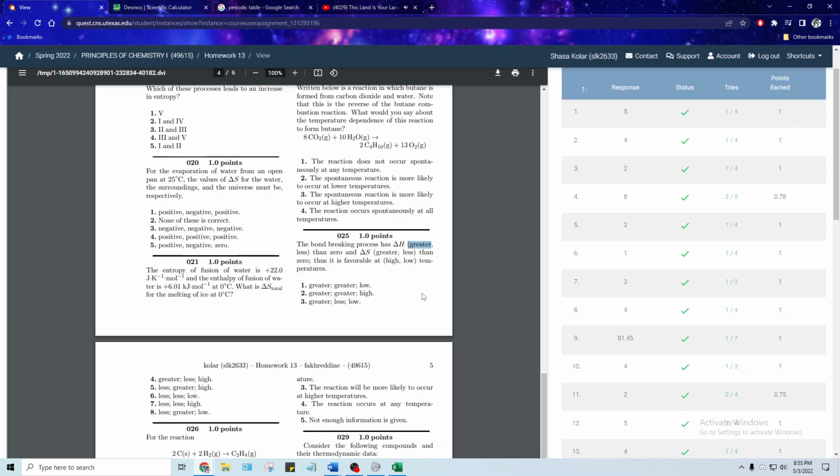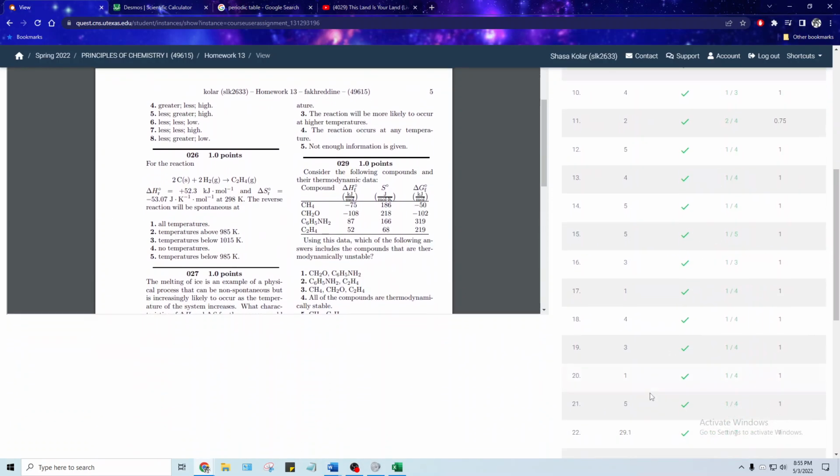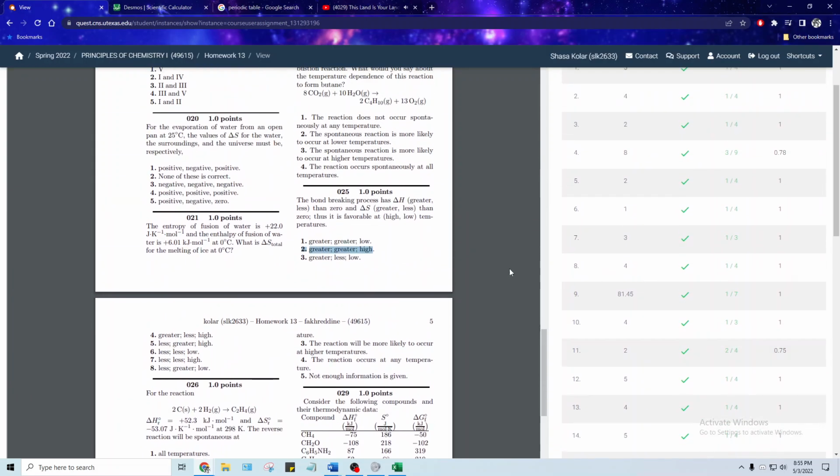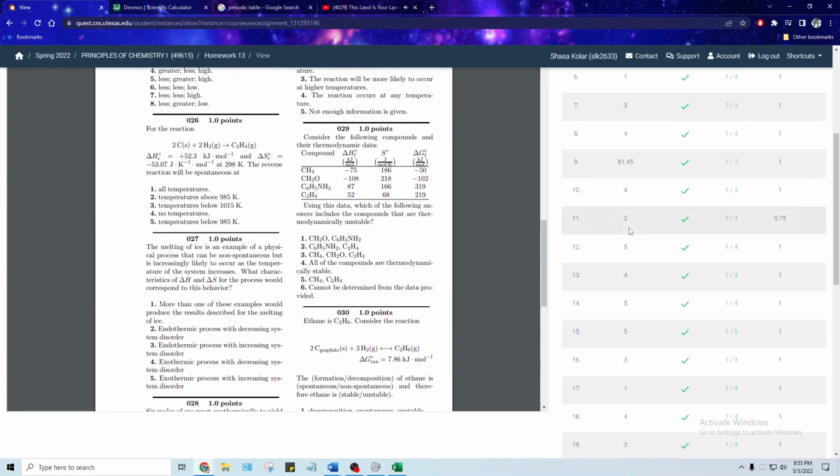And when you break bonds, it's less ordered, so delta S is positive. I don't know exactly how to explain that it means higher temperatures, but that's what the chart tells me, so I believe it. So it's number 2. Yep, number 2.